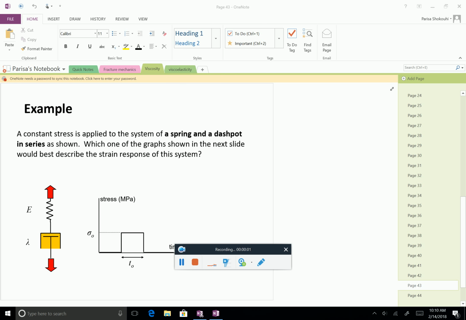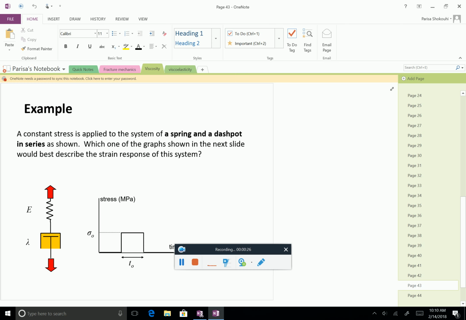Let's get us started. So now that we know what viscosity is, we want to learn about viscoelasticity. This is the last example that we solved in the class together, where you have a spring and a dashpot in series.